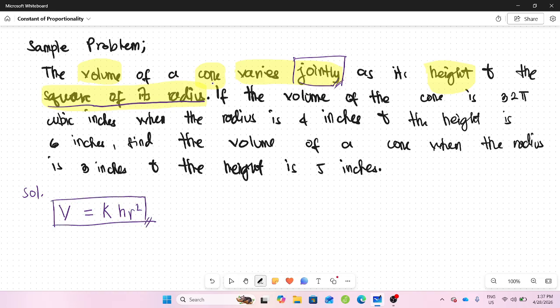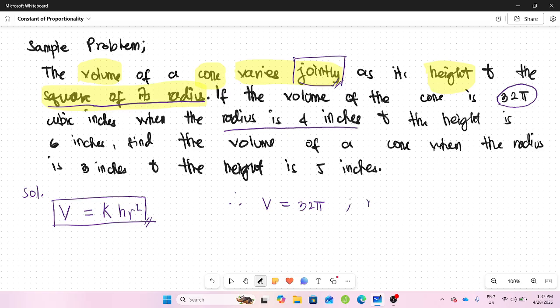Now next, let's proceed. It states here that if the volume of the cone is, now we have a condition here, 32 pi cubic inches. Okay, well, for now, let us forget about the units. 32 pi, that's the volume, then its radius should be 4 inches.